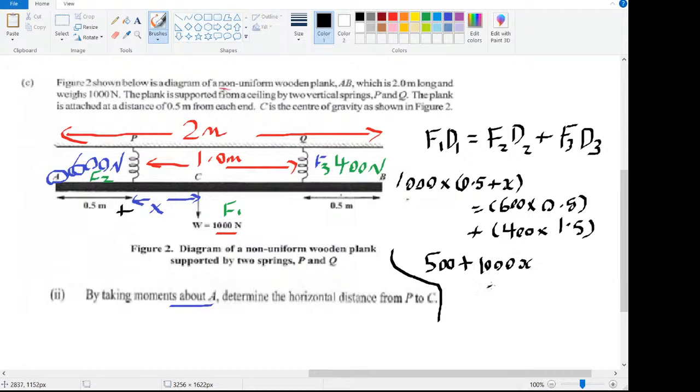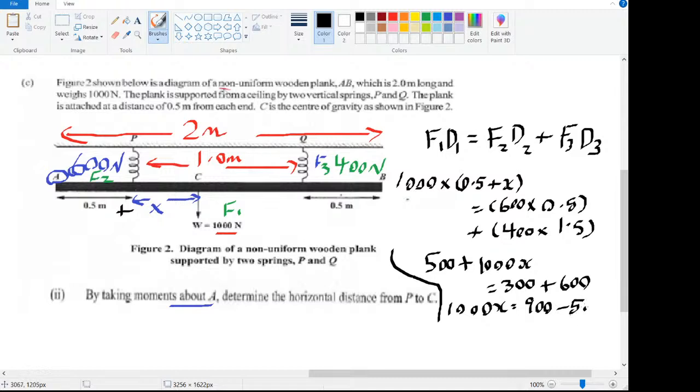That's going to be equal to 600 by 0.5, which is 300. 400 by 1.5 is 600. So that's 900. So 1,000x is 900 minus 500.